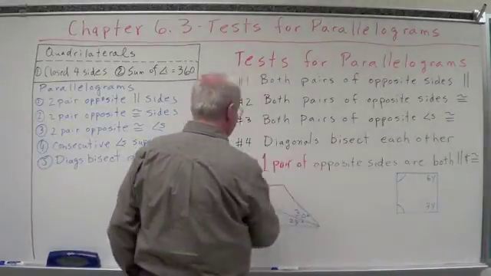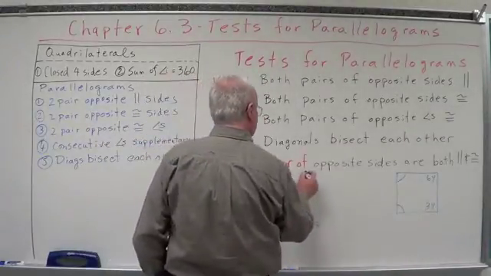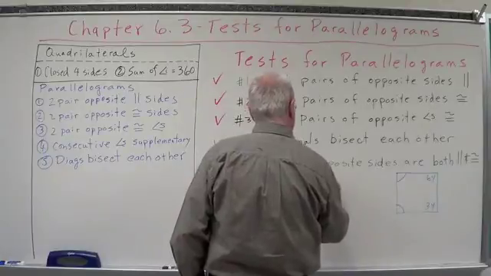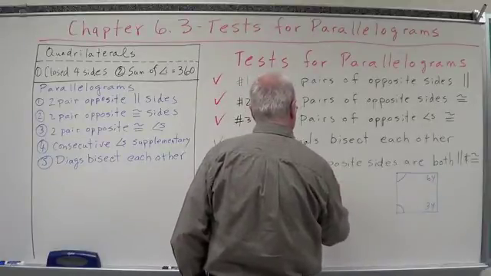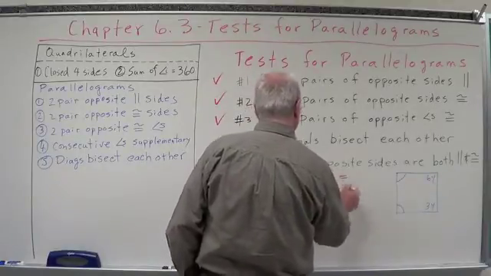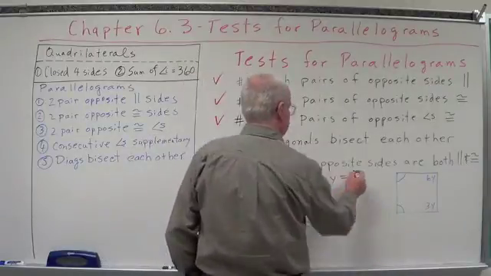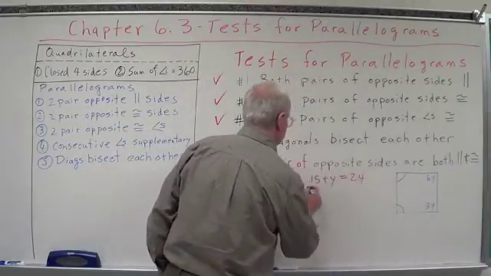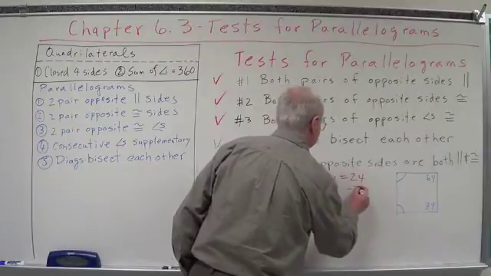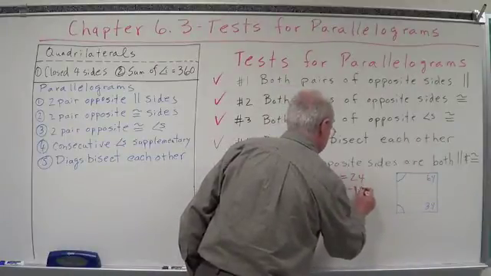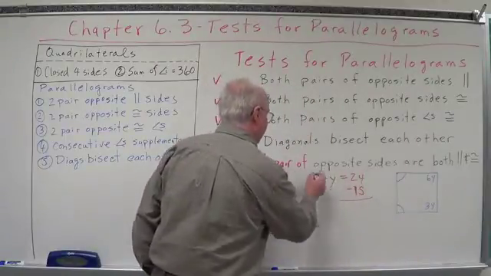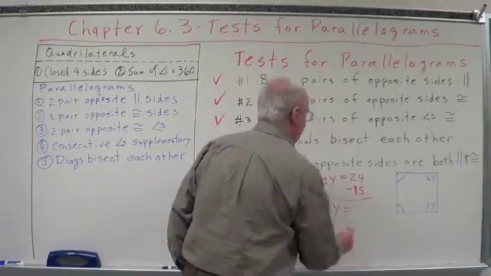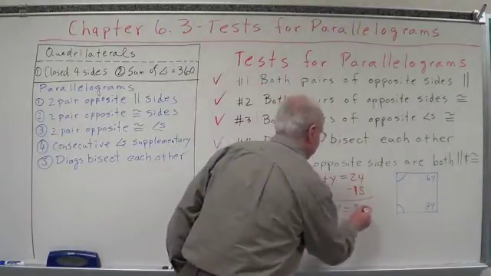We've got x equals 15, so we're going to use 15 plus y equals 24. Well, let's subtract the 15. That goes away. We're left with y equals 9.